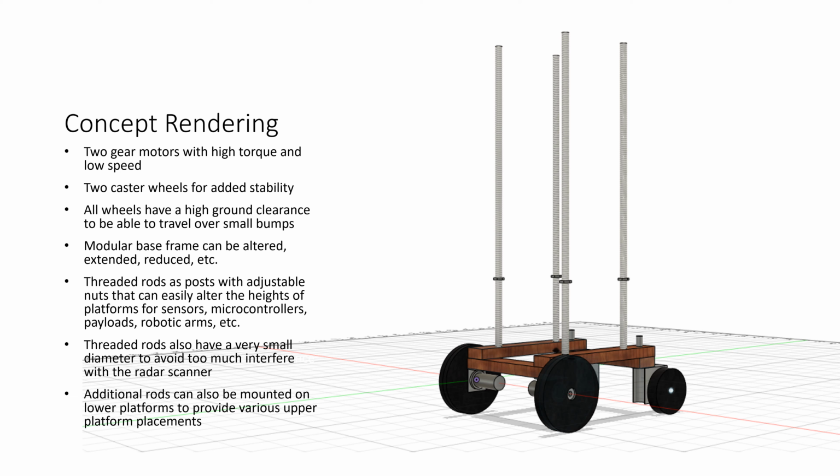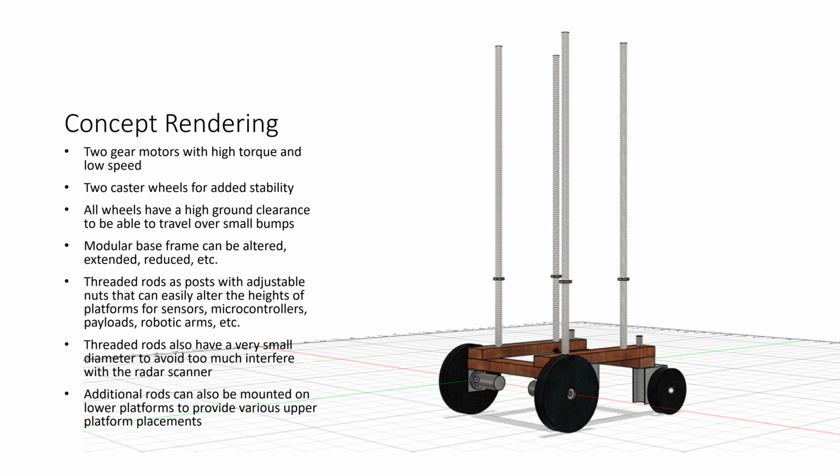There's a modular base frame which can be altered, extended or reduced, etc. Threaded rods as posts with adjustable nuts that can easily alter the heights of platforms for sensors, microcontrollers, payloads, robotic arms, etc. So I simply need to move 4 nuts to the same level, drill holes in the panel, and place them above the nuts, and I can easily adjust the heights and add more as necessary.